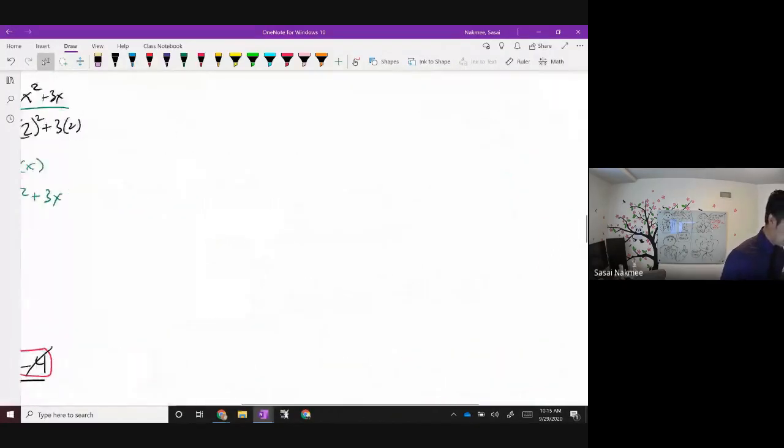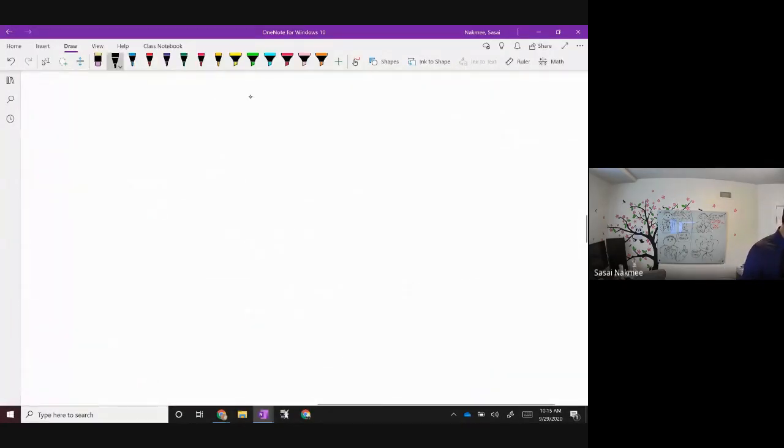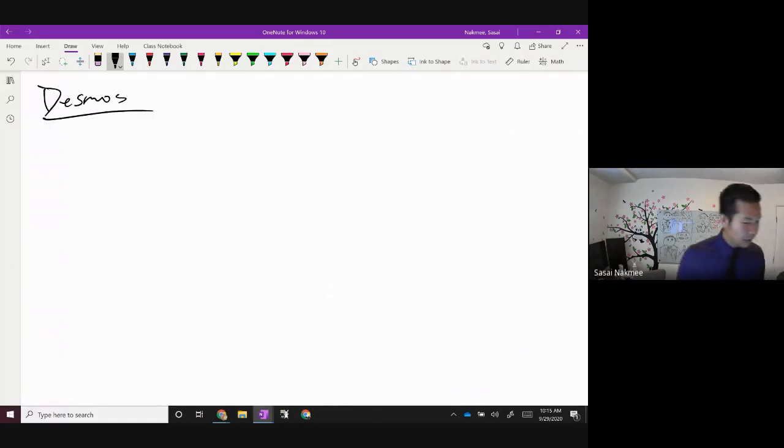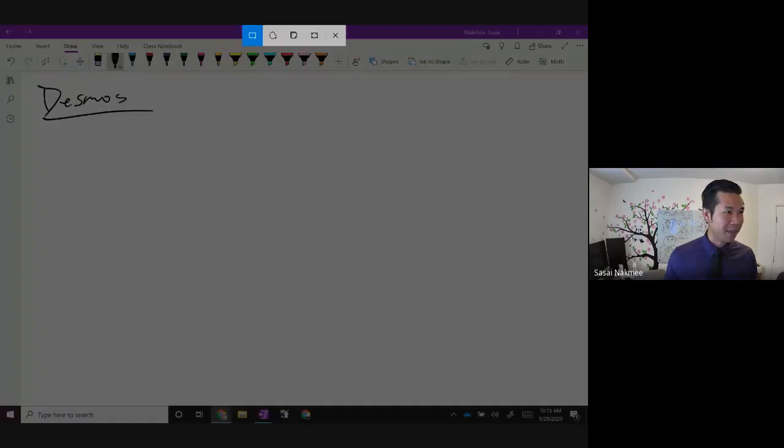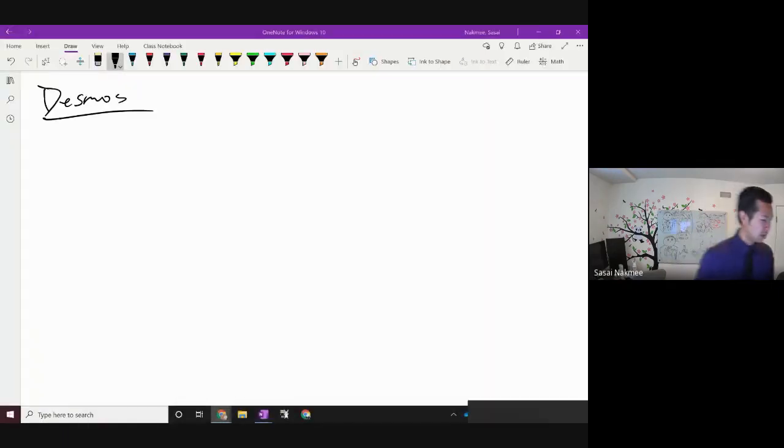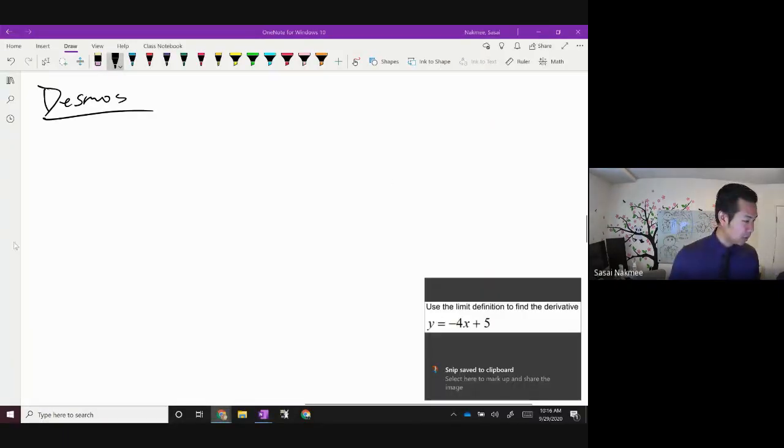We're doing this from Desmos. Let me get the problem from there as well so I can do this with you guys and show you what I want from you. You guys are already writing on there. I'm going to use the limit definition to find the derivative, so let's bring that over here.